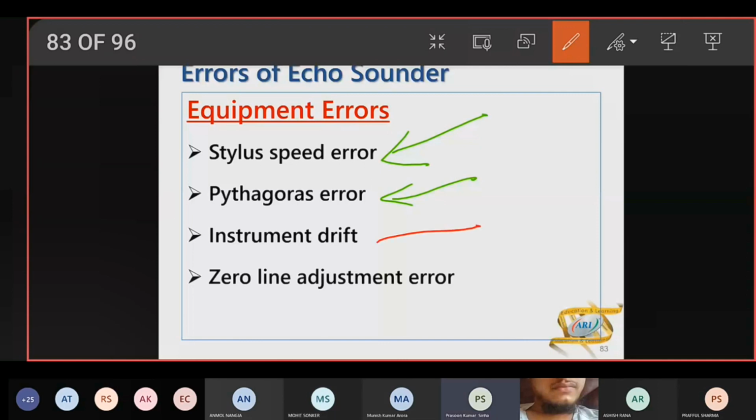Then there is something called instrument drift. This is happening when the exact speed of the stylus is not exactly matching. बहुत मेहनत करने के बाद काफी क्लोज तो लेके आ गए हैं.